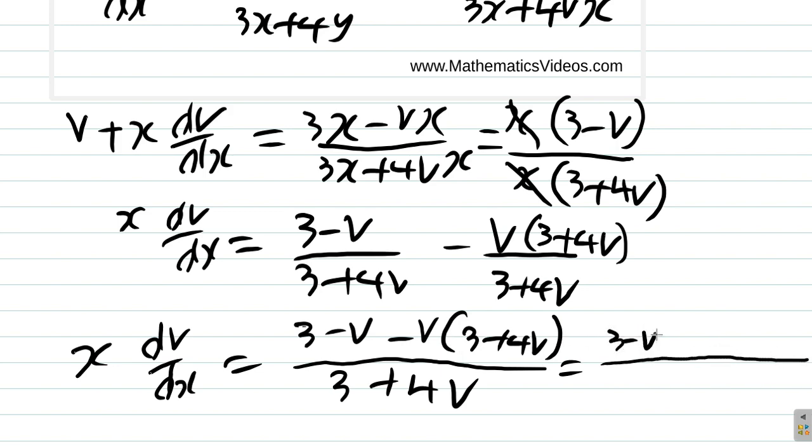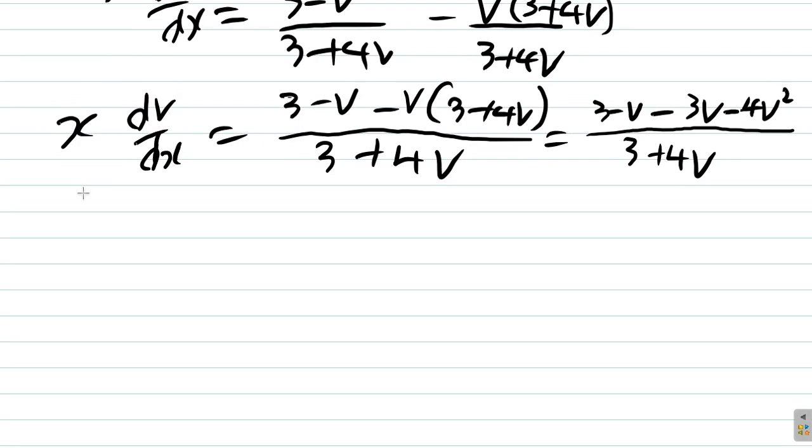It's 3 minus v minus negative v times 3 is minus 3v, and negative v times 4v is minus 4v squared. Right, it is minus 4v squared, alright? And 3 plus 4v under here.